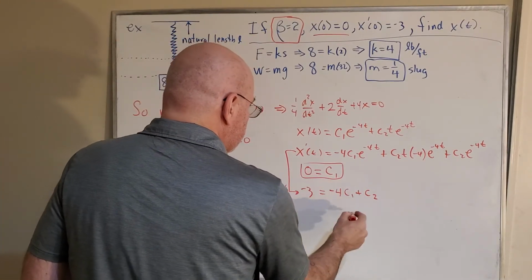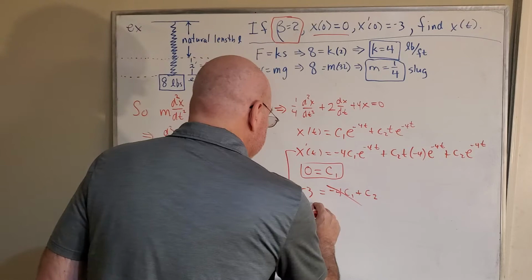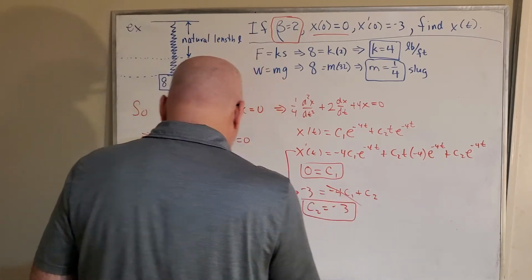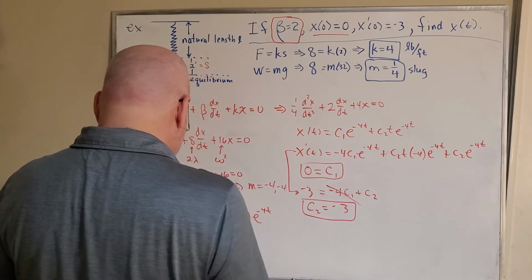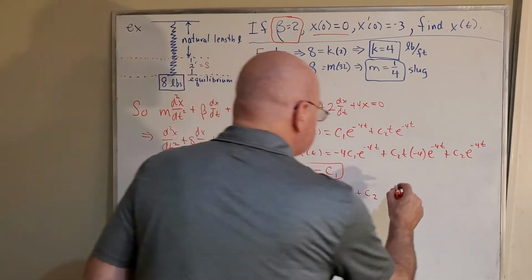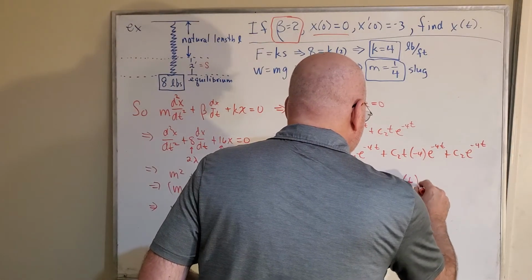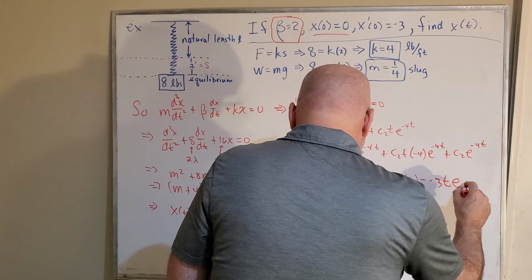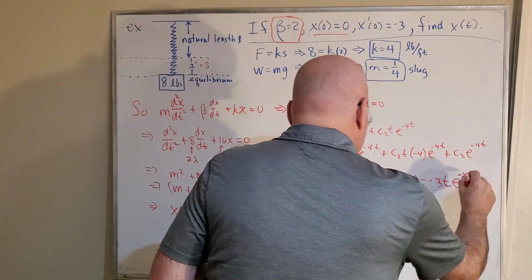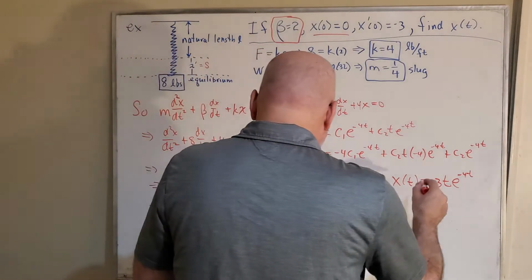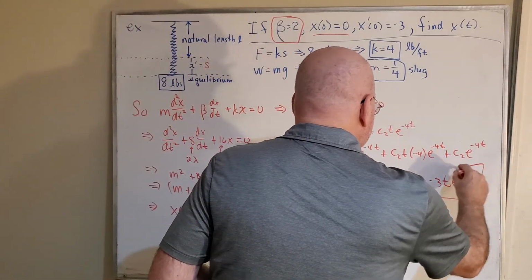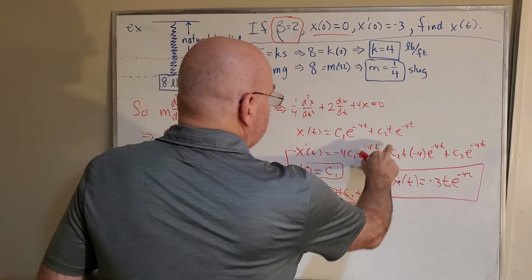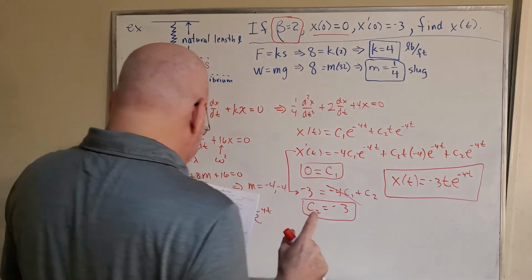Well, c1 is 0, so c2 is equal to negative 3. So that gives us the solution very simply: x of t only has one term in it, negative 3t e to the negative 4t, coming from this term.